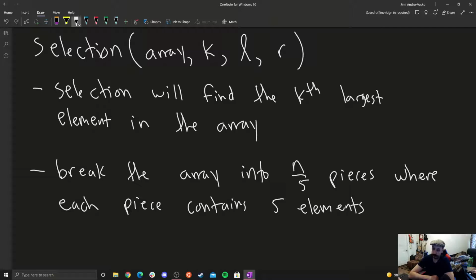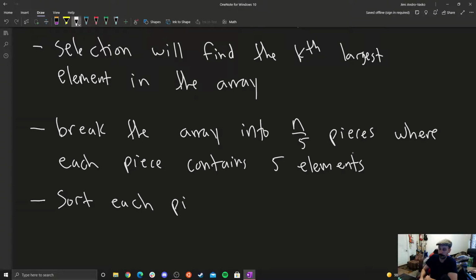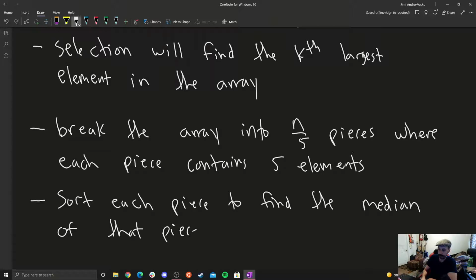So you first want to break into these n over 5 pieces, and I'll zoom out so you can see the whole code at the end. Then we're going to sort each piece to find the median of that piece.